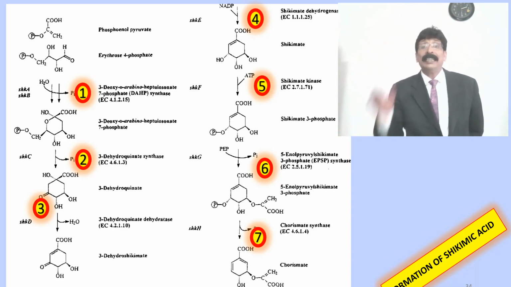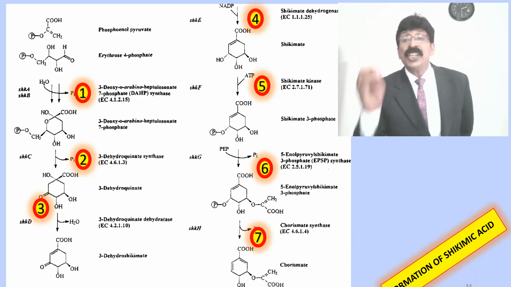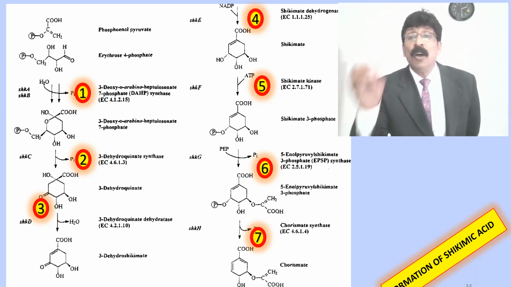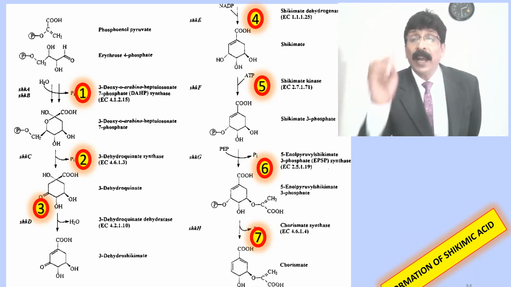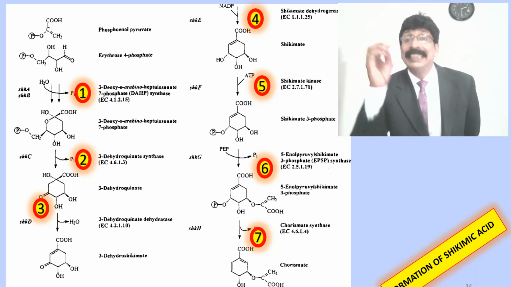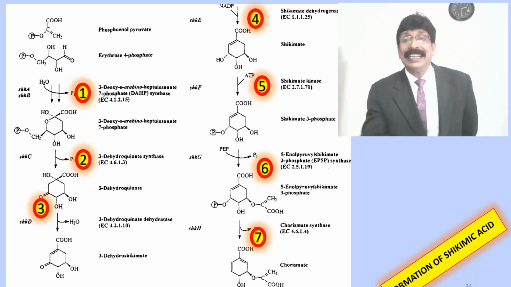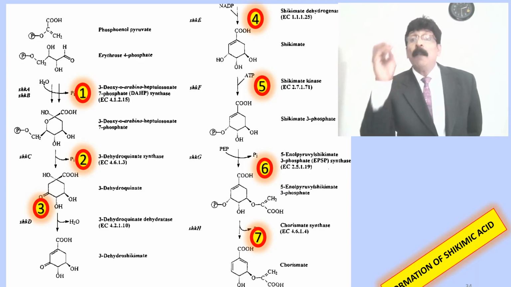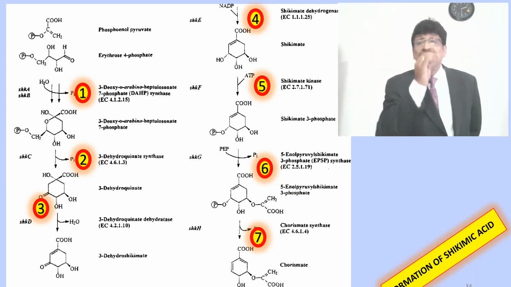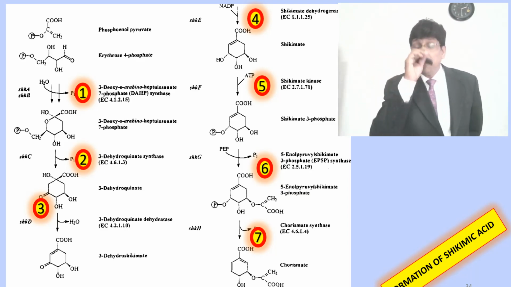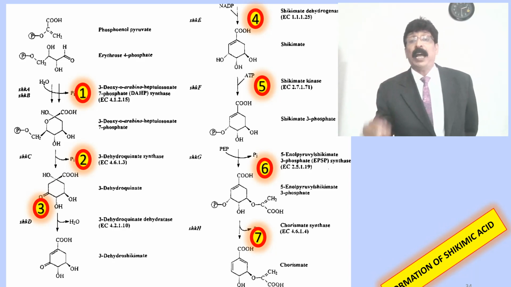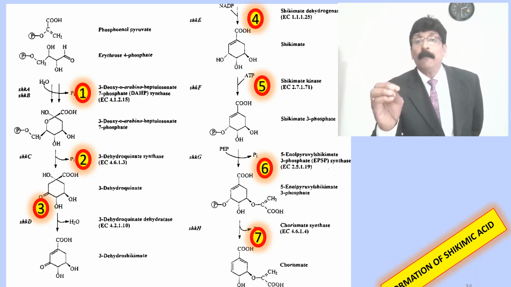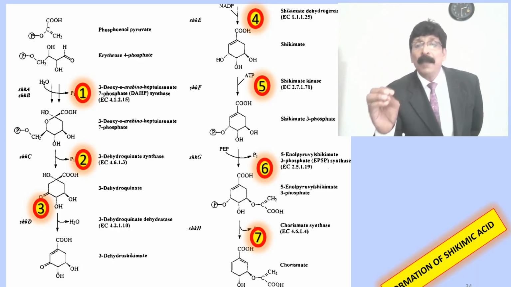And the sixth enzyme which is used is 5-enol pyruvyl shikimate 3-phosphate synthetase. You are adding one phosphoenol pyruvate to get attached with this shikimate 3-phosphate, and you will get the product 5-enol pyruvyl shikimate 3-phosphate.